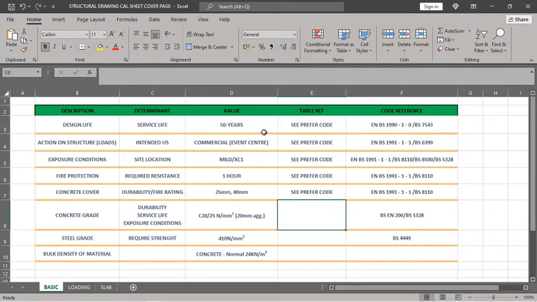So there are recommendations in the code. Now, if you look at the code reference, I made reference to Euro code and the British annex, and I also made reference to BS. Now, Euro code is the code that is being widely used now.